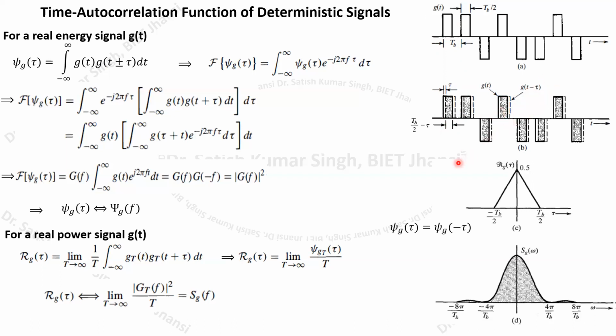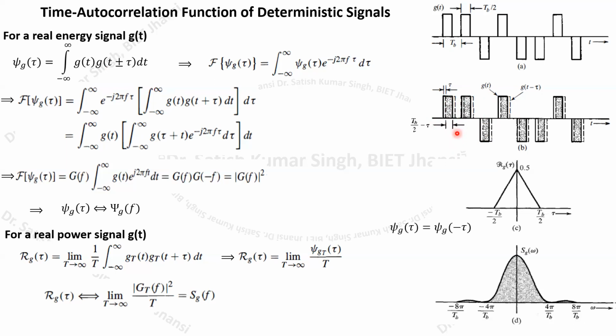Because it is right shifted, the overlap portion is going to give you a certain product. This solid curve is your actual g(t), and this dashed curve is the right shifted version of g(t). Whatever the overlap portion between these two, it gives a certain product value. For other values where the two signals do not coexist, the product is going to be zero.